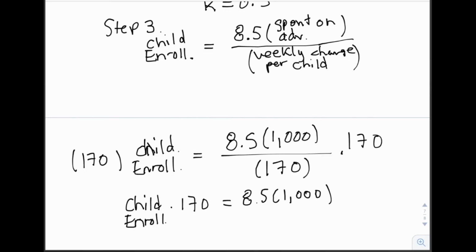If we divide by the 170, we get child enrollment equal to 50. So if we spent 1,000 on advertising and our weekly charge per child was 170, given that our constant was 8.5, we should have approximately 50 children enrolled in the daycare. So this will be our final answer, and we are good to go here.